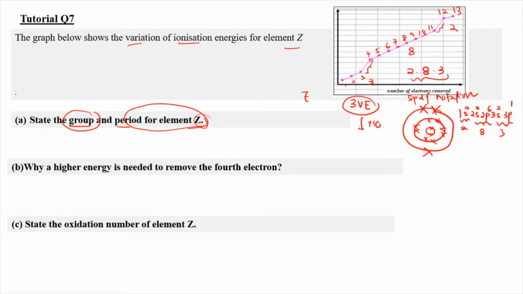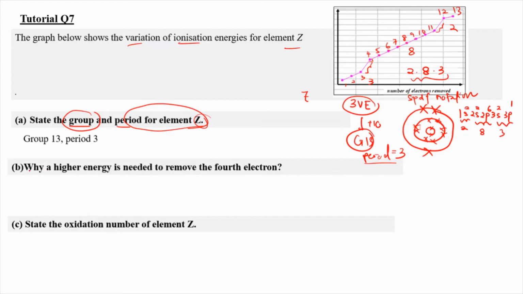So we add 10, and it's group 13. For the period, the highest principal quantum number is 3. So we know that it is in period 3. We can say that it is in group 13 and period 3.